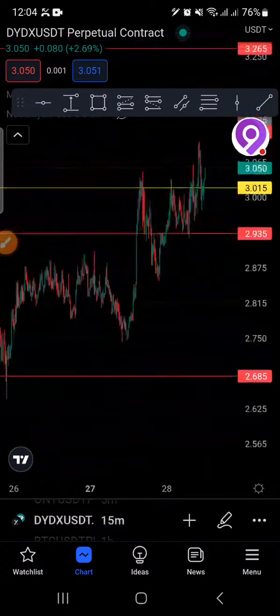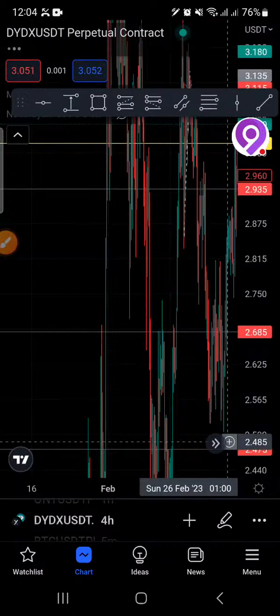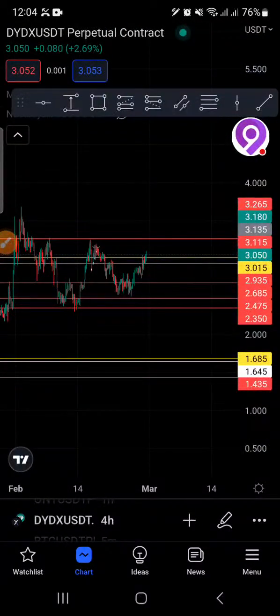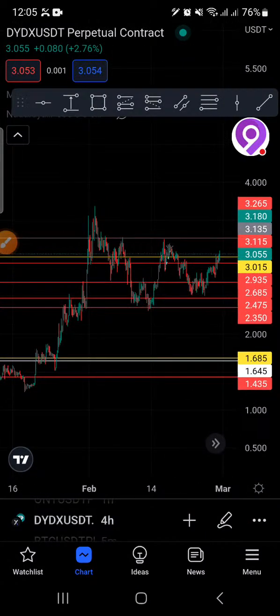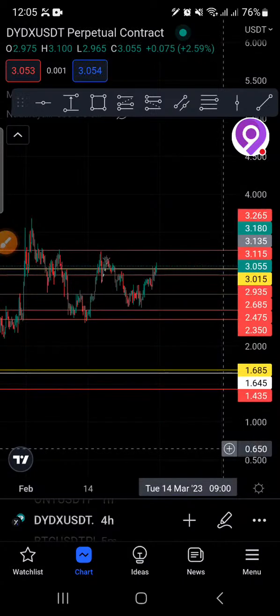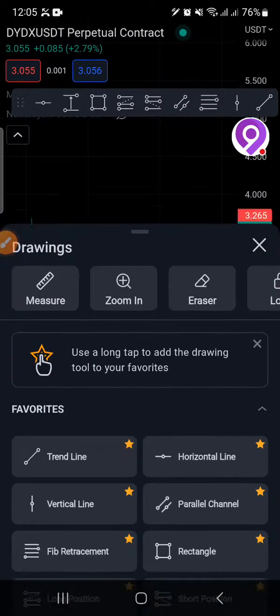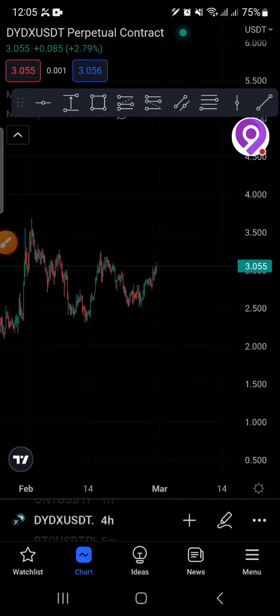Wow, this is not bad. Check the higher time frame. Let me clear everything. Okay, I've cleared all the lines.